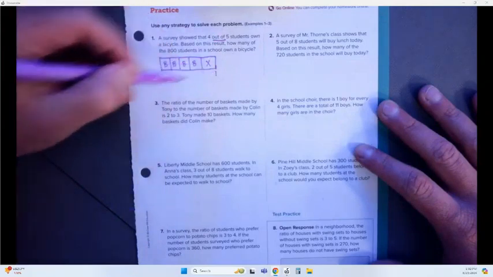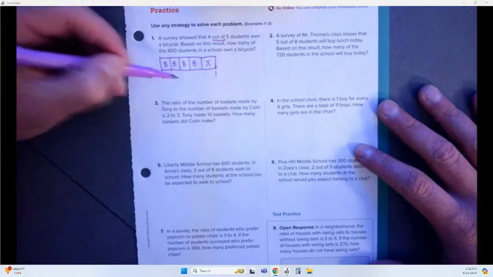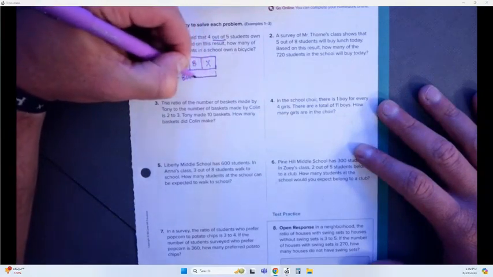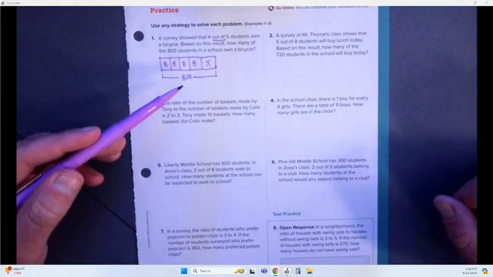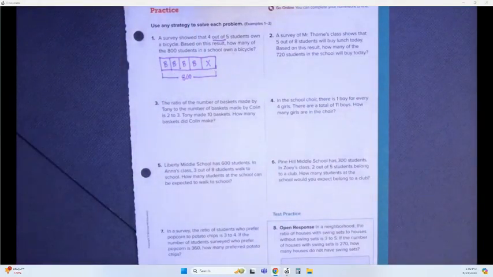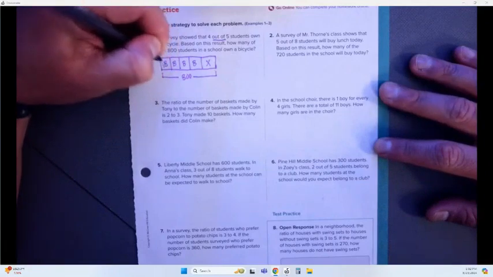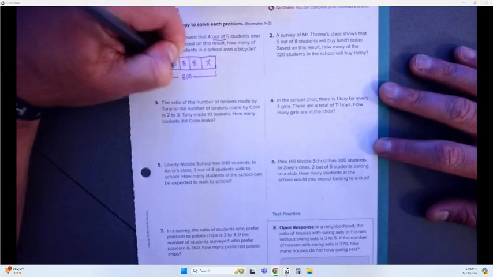So these 5 whole boxes are now represented by 800. So I'm going to take 800, and I need to divide it by 5 to find how much each individual box is represented by. And when I do that, I get 160. So each box is 160.